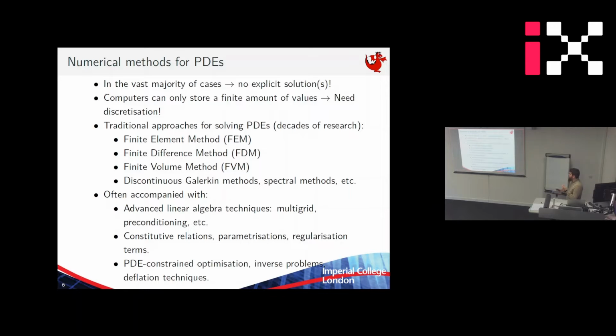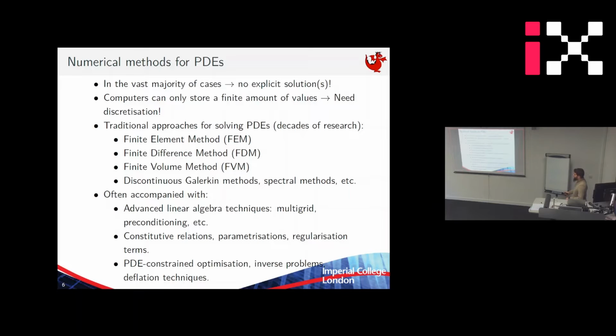A good example: let's say I want to study how a certain material reacts to certain forces. I have a PDE that tells me how to do that. But what I need is to understand how things like the stress and the strain relate, right? If I don't have that, I can't solve my PDE. So that's a constitutive relation. And in many problems, the PDE is just not enough. You need additional things, parameterizations or whatever.